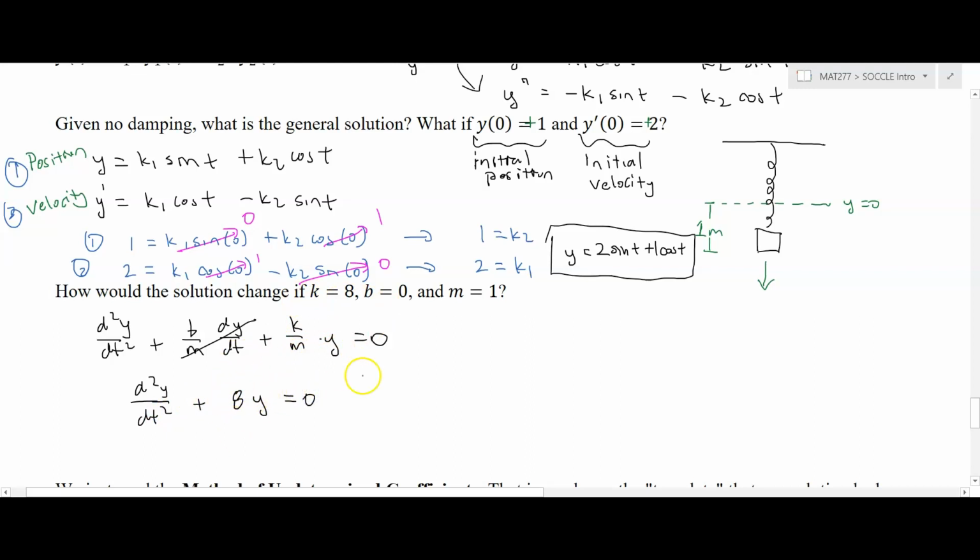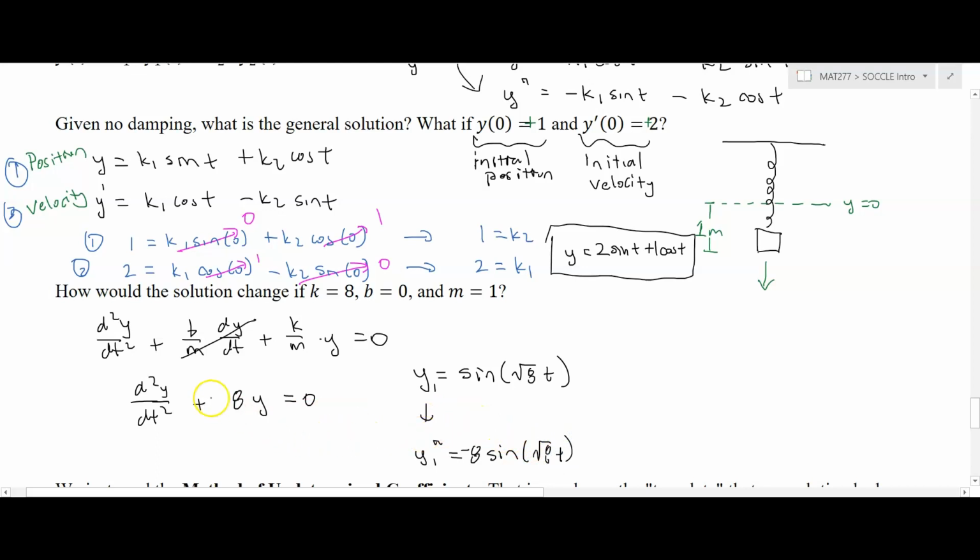Now we've already described how the solution changes with the input, and we can verify this. The solution y1 is going to be sine of the square root of 8t. The reason that works is that when you take its second derivative, two multiples of the square root of 8 will come out, and you'll have negative 8 sine of the square root of 8t.